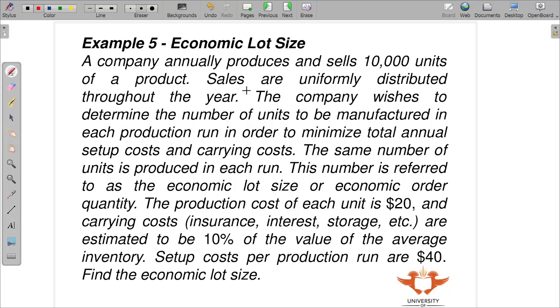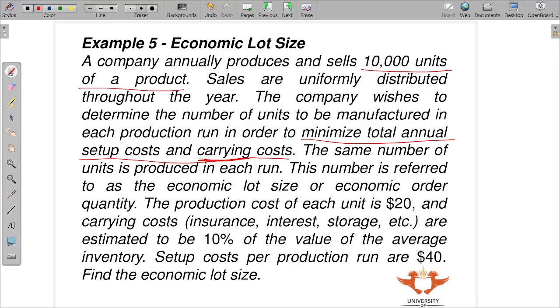So let's read this again. A company annually produces and sells 10,000 units of a product. Sales are uniformly distributed throughout the year. The company wishes to determine the number of units to be manufactured in each production run in order to minimize the total annual setup cost and carrying cost.